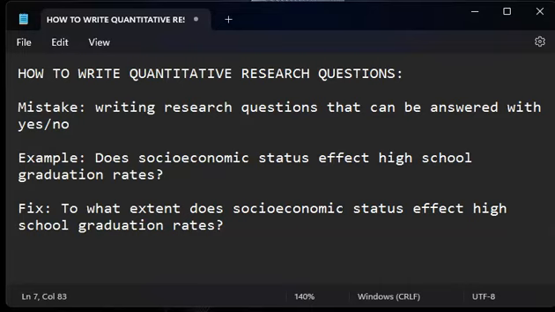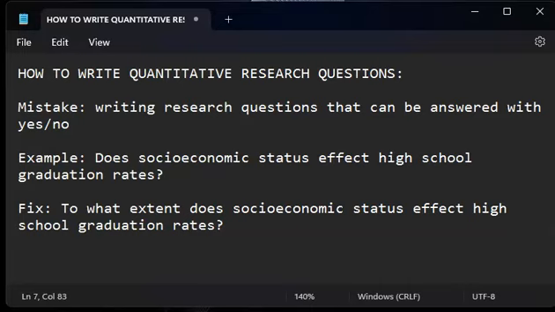Now, if I'm going to be a little bit nitpicky, effect is causal language, cause and effect. And one of the biggest things about quantitative research is that correlation does not equal causation. Just because two things are related doesn't mean that one causes the other by any means.